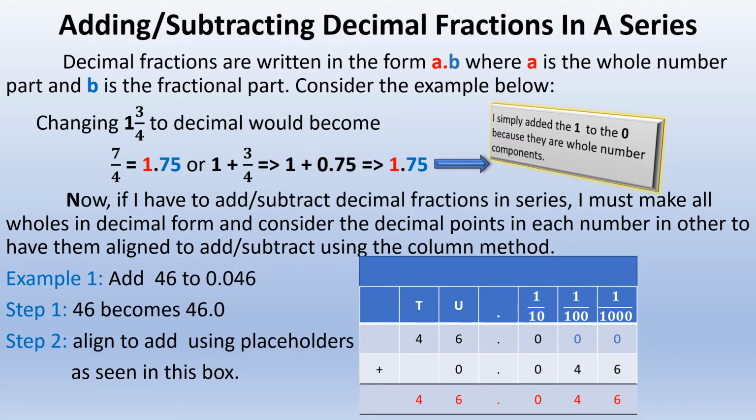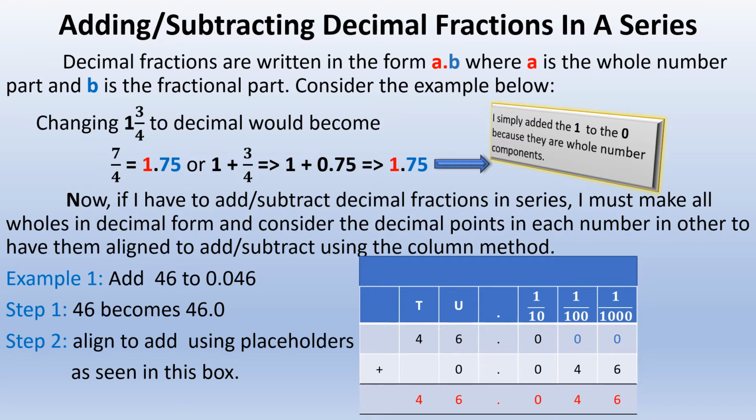The number you see before the decimal point is the whole number part. The number or numbers you see after the decimal point make up the what? The fractional part. Look at the example below. If we were to change 1 3/4 to decimals, we can go through the process of converting first to an improper fraction and then dividing.